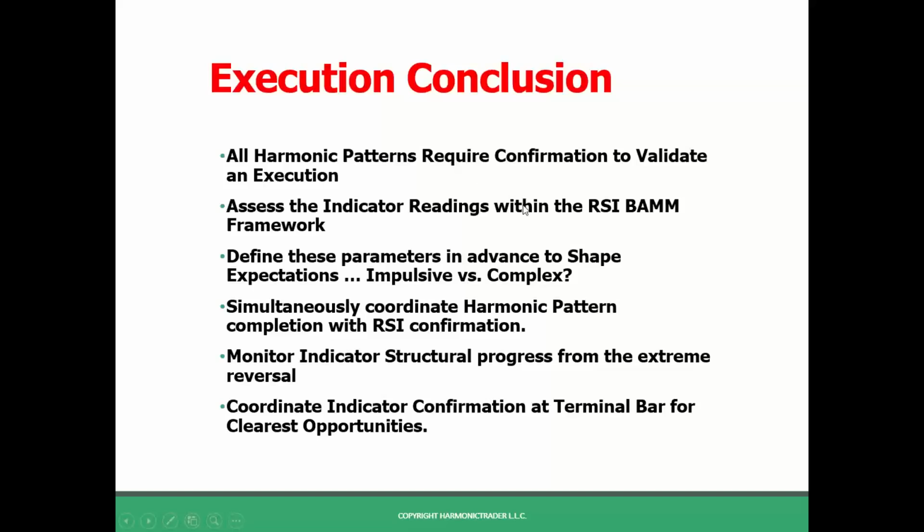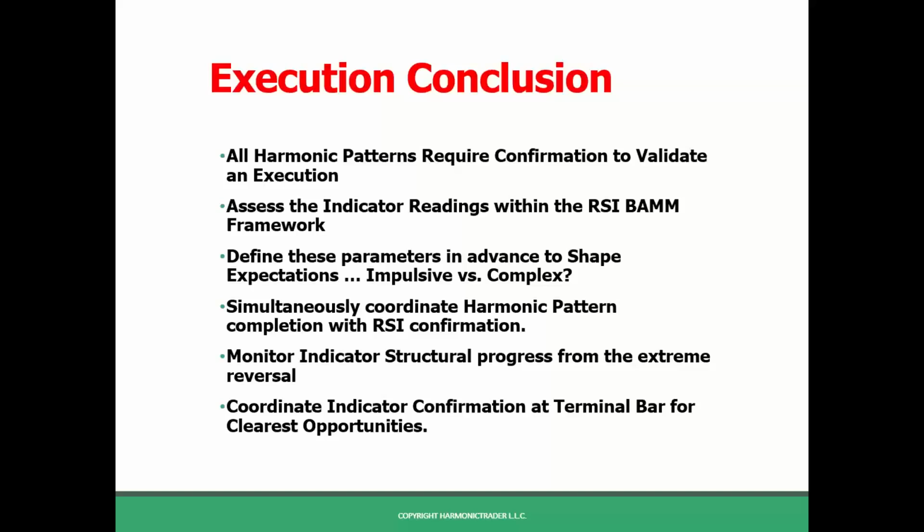And we saw today complex formation, impulsive formation, RSI BAMM, confirmation, divergence. What do these mean? What are the expectations associated with them? We looked at how the software will highlight where these stop, or where they begin, really. Where does RSI BAMM form?